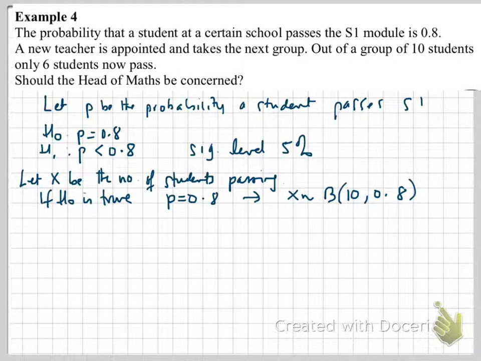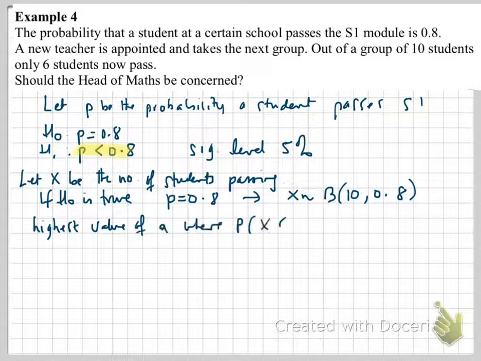Now we can see from here that when P is less than 0.8, we're looking at the left tail or the beginning of the distribution. And so rather than solve this like we did in part 1, where we looked at the probabilities, what we're going to do is work out the actual critical value and the critical region, and then base our answer on that.